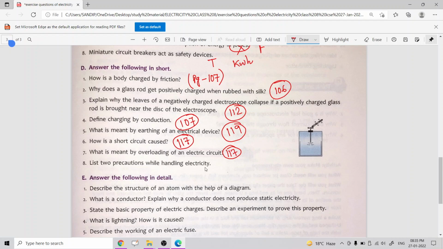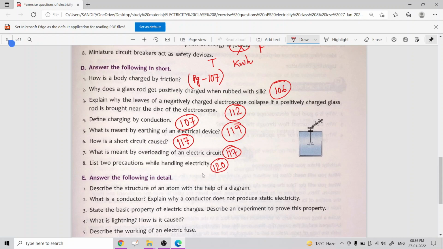Then more than the maximum current is passed through this circuit. This is called overloading. Now the next one is: list two precautions while handling electricity. You get the answer from page number 120.